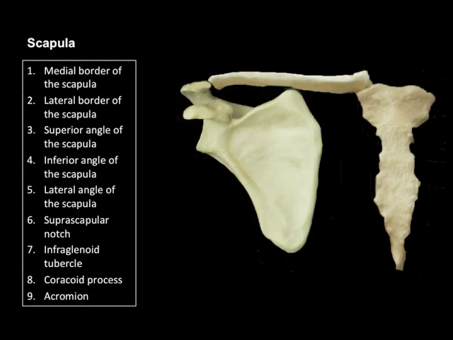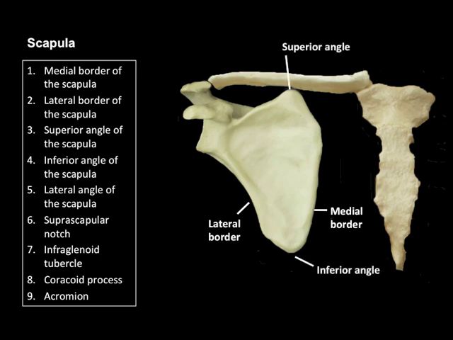Let's now look at the scapula from the front, a flat, nearly triangular shaped bone. The scapula exhibits two borders, three angles, and various processes. Let's take a look. The medial border, the lateral border, the superior angle, the inferior angle, and the lateral angle.